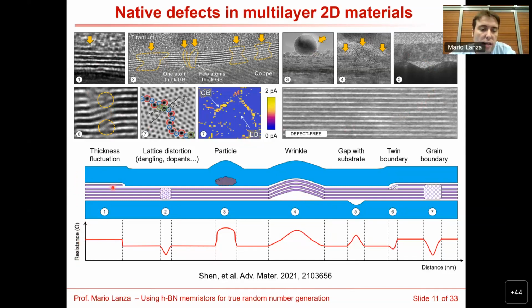The thicker areas will have higher resistance. The defects like lattice distortions, twin boundaries, and grain boundaries will reduce the out-of-plane resistance. The wrinkles, the gaps, and the insulating particles will increase the resistance.